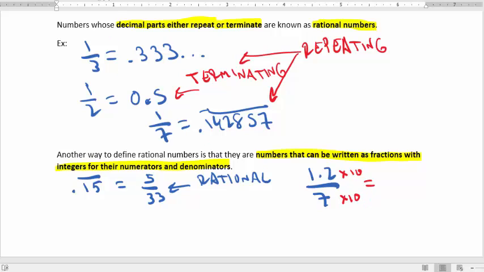And when I do that, I would get 12 over 70, right? I've already shown that it's rational because I'm writing it as a fraction with integer numerator and denominator, but you can simplify this to 6 over 35, right? So 1.2 over 7 is also rational because you can write it as a fraction with an integer numerator and denominator.